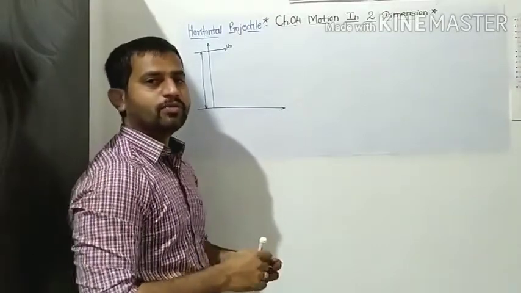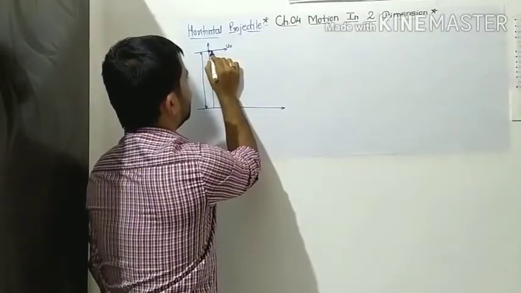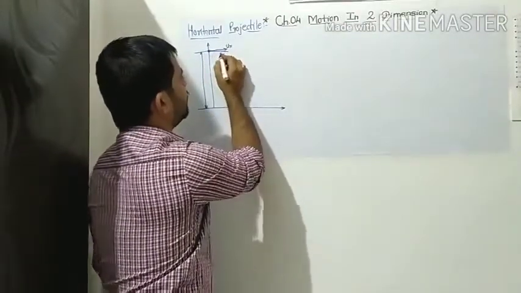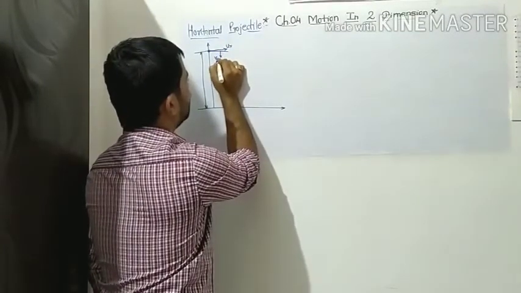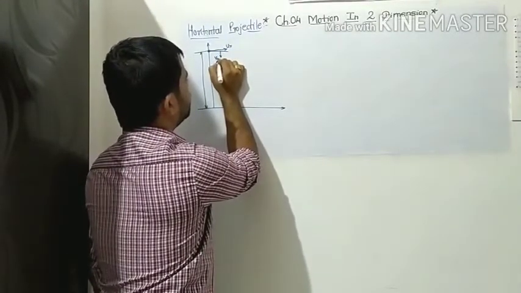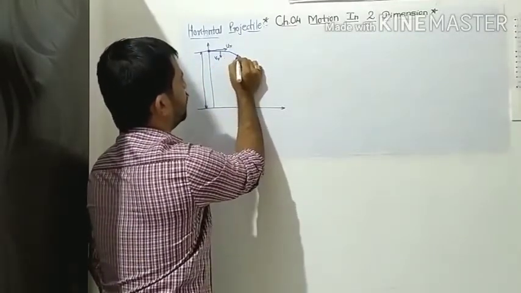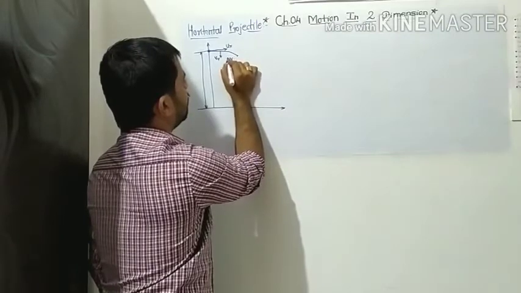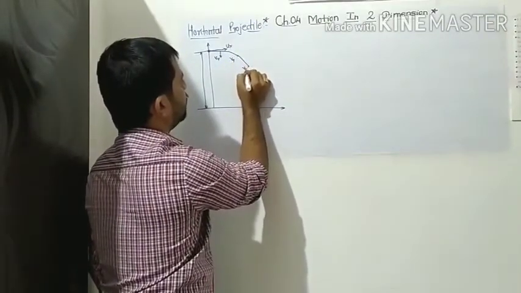So when we throw the object from this position, what will happen? Initially the object will be at this position, and as time passes, its velocity in the downward direction increases. At each point it will have a different velocity.